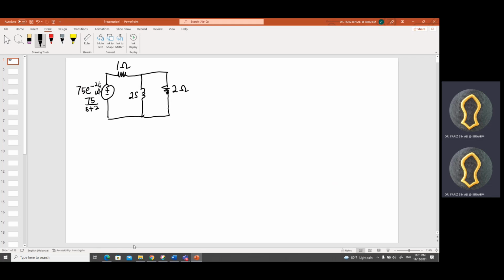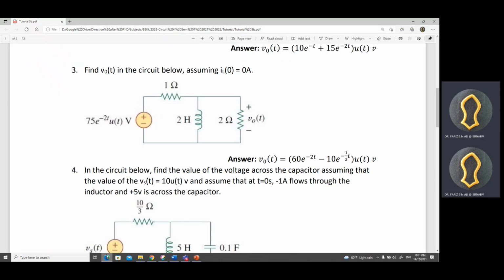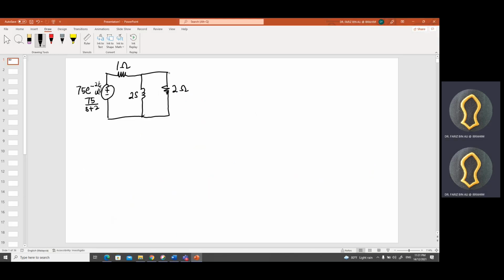Then the question asks you to find V naught(t). Where is V naught(t)? Here is V naught(t). V naught(t) is the voltage across the 2 ohm resistor. We need to understand that first. And this voltage, because it is parallel, is also the same voltage across the 2S inductor.